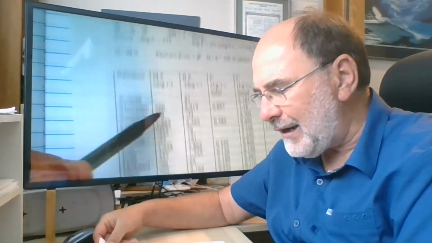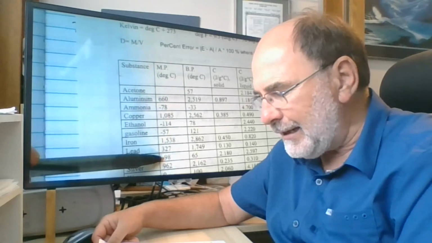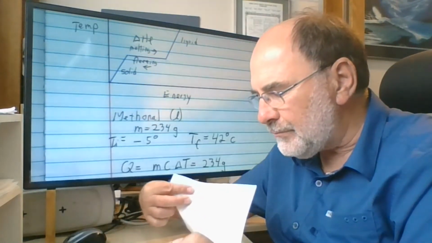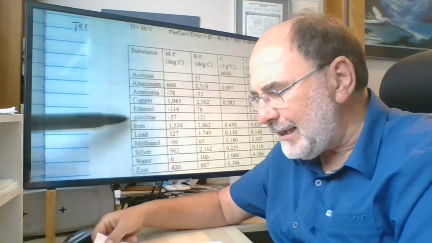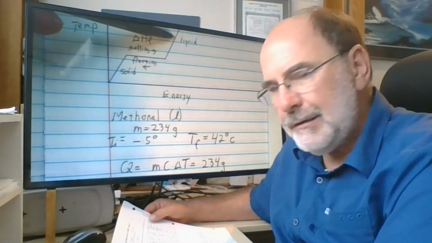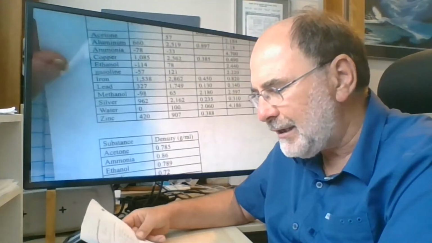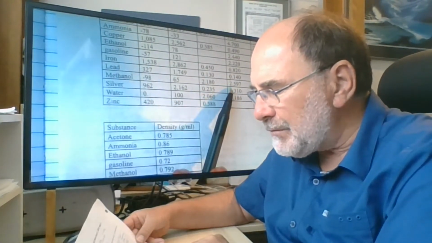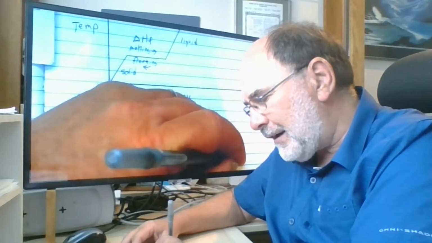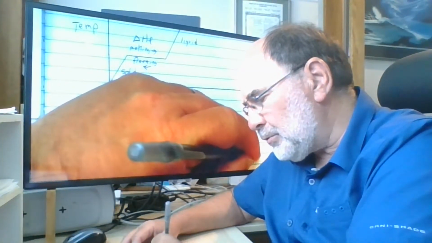If it's starting at negative 5 and that's above its melting point and it's ending at 42 degrees and that's below its boiling point, then it must be in the liquid state. So I use the specific heat for methanol in the liquid state, and it says the value is 2.597 joules per gram per degree C.